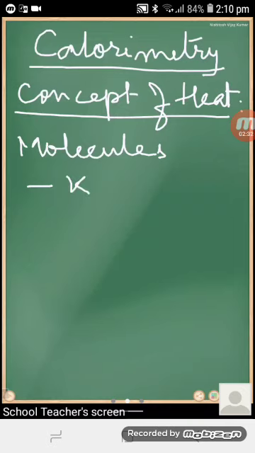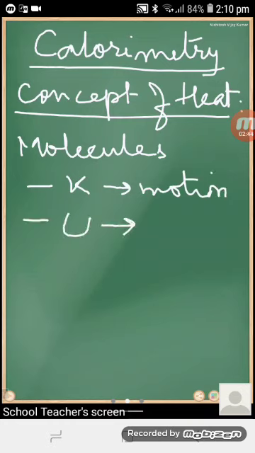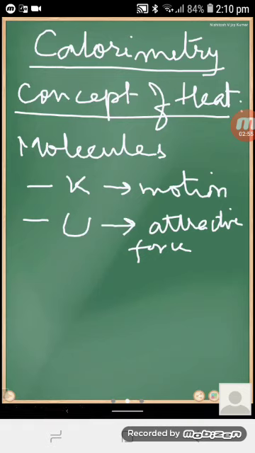One is kinetic energy, which is possessed due to the random motion of the molecules, and another is potential energy, which is due to the position or the attractive force between the molecules.